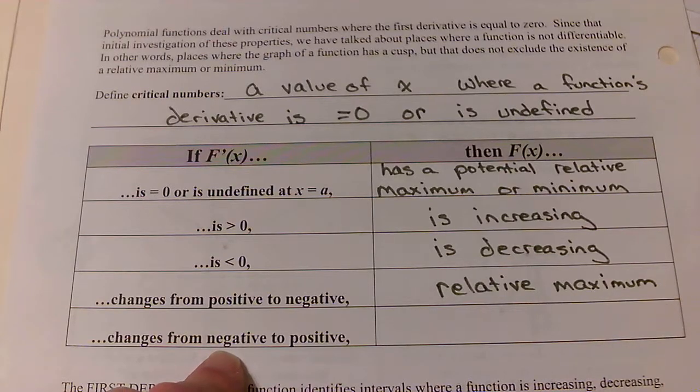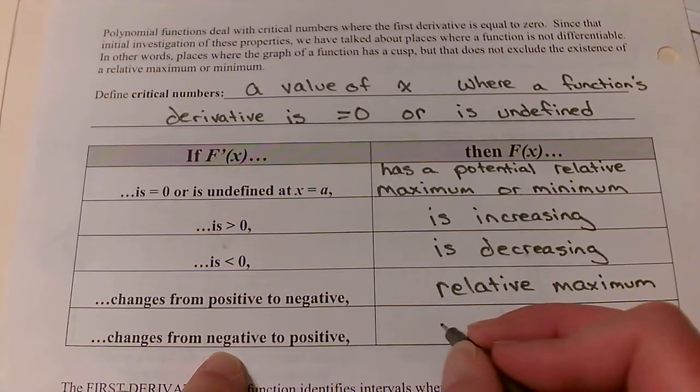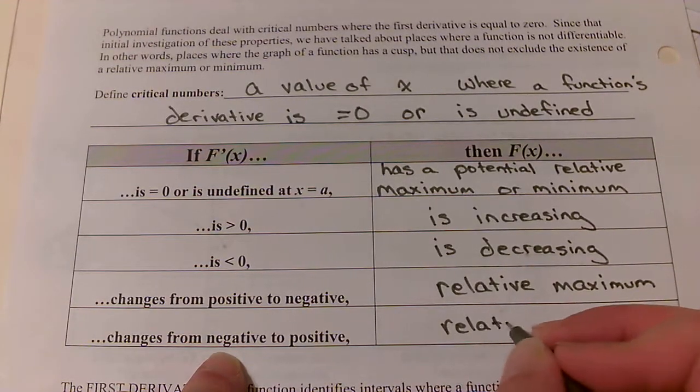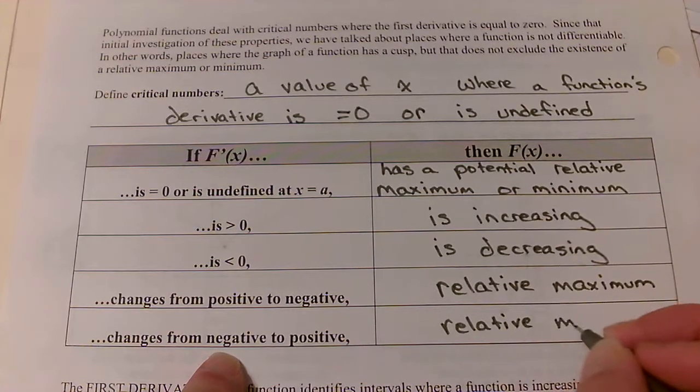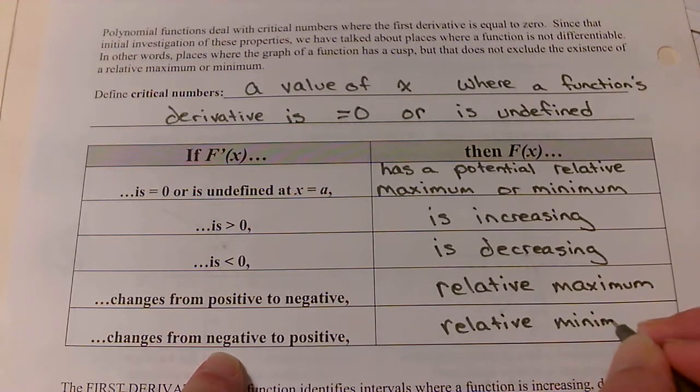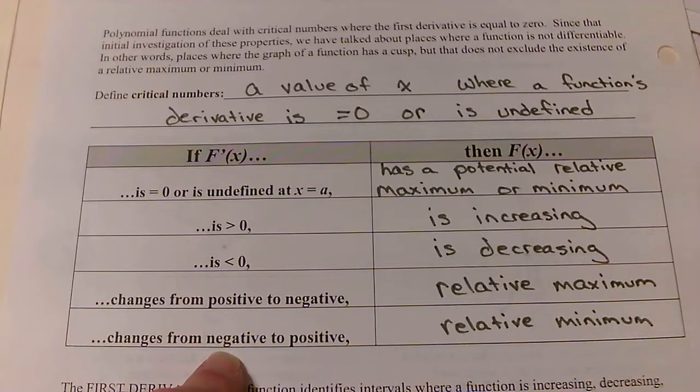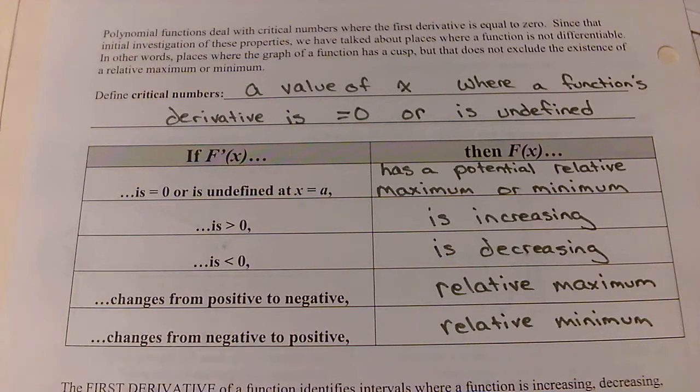If f prime changes from negative to positive, then we have a relative minimum. So this is all the things that the first derivative can tell us about.